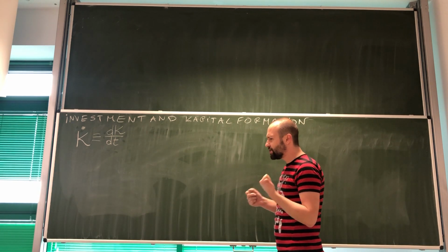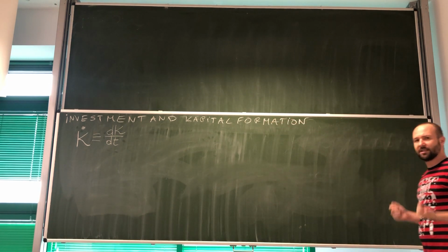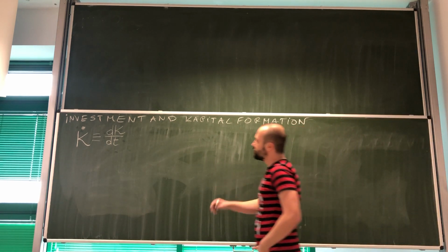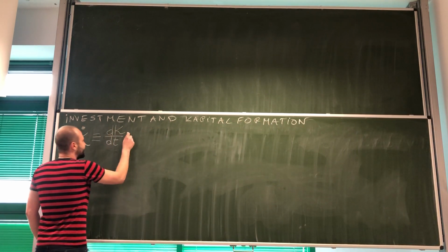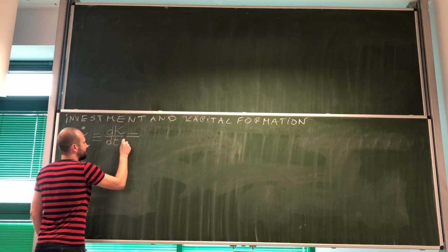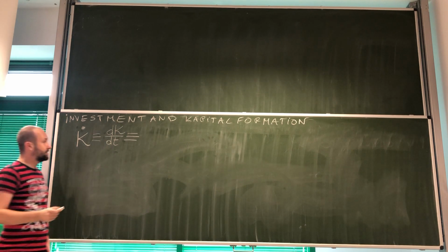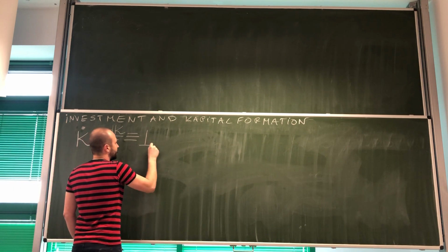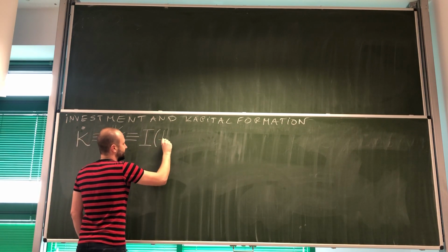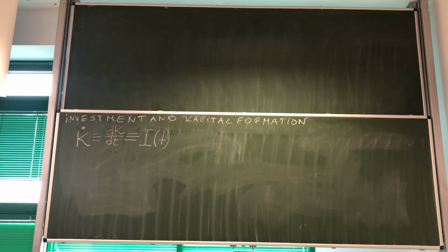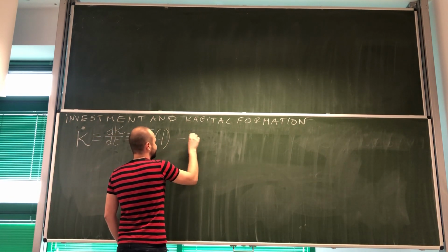But look, we just said the changes in capital come from investment. So in other words, we could say that by definition, dK/dt is simply investment. But it's not any kind of investment. This is net investment.